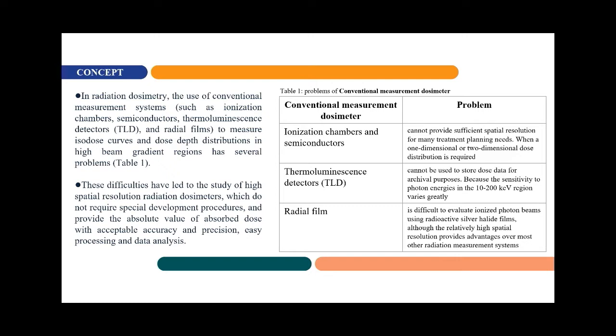Thermoluminescence detectors, TLD: the problem is they cannot be used to store dose data for archival purposes because the sensitivity to photon energy in the 10 to 200 keV region varies greatly. Radiographic film: the problem is it is difficult to evaluate ionizing photon beams using radiographic silver halide films, although the relatively high spatial resolution provides advantages over most other radiation measurement systems.